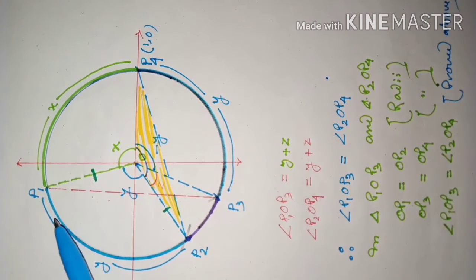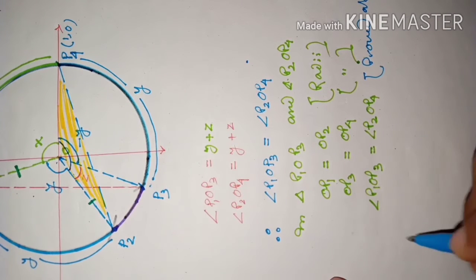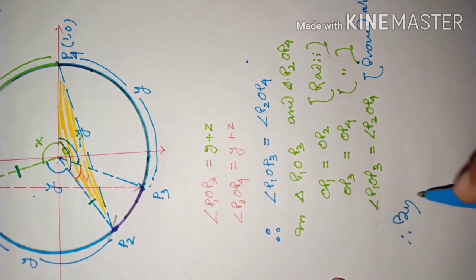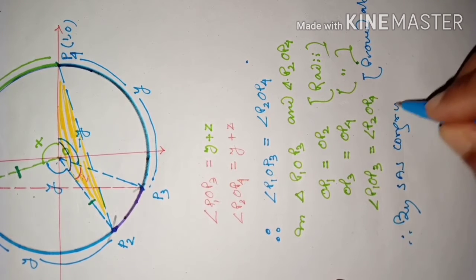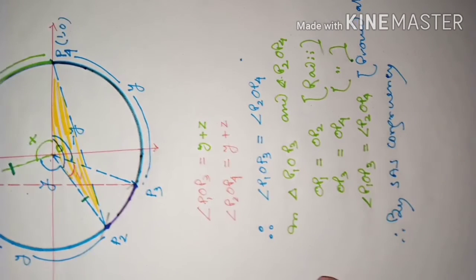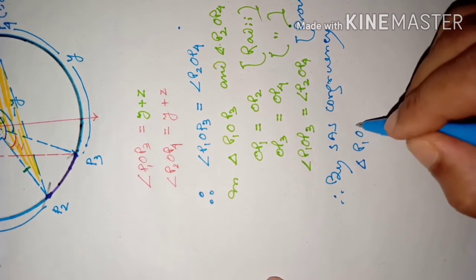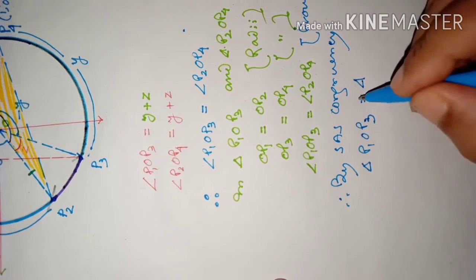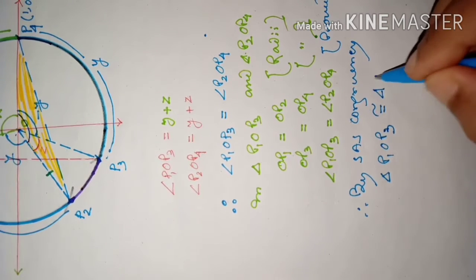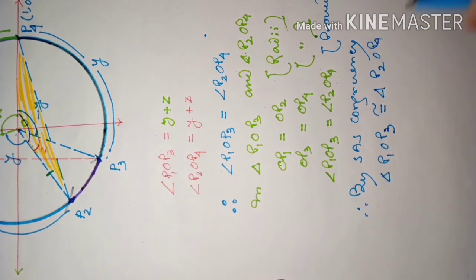One is P1 O P3 and one is P2 O P4. Therefore, by the SAS congruence rule, we can say triangle P1 O P3 is congruent to triangle P2 O P4. Okay, dear students?